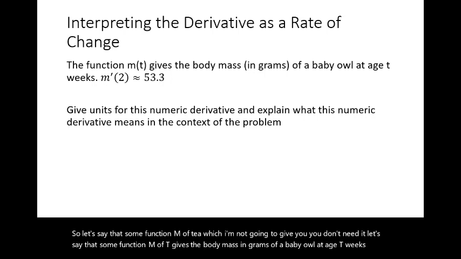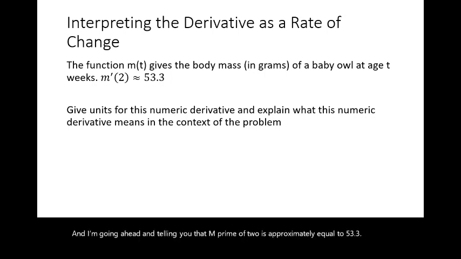And I'm going ahead and telling you that m prime of 2 is approximately equal to 53.3. So what we're going to do is interpret this derivative in the context of the problem, and give appropriate units for this derivative.